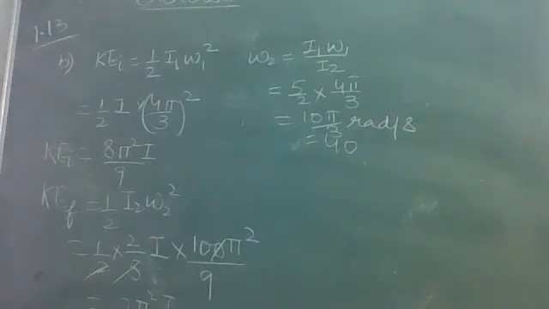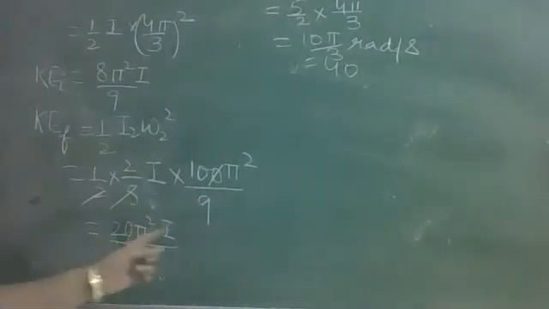Sorry, this is 20. 2 into 10, 20. So the final kinetic energy is more, 20 pi square I by 9, as they are saying. So this energy must come from the internal energy of the child. In which form can we see this energy? It is appearing in the form of internal energy of the child.